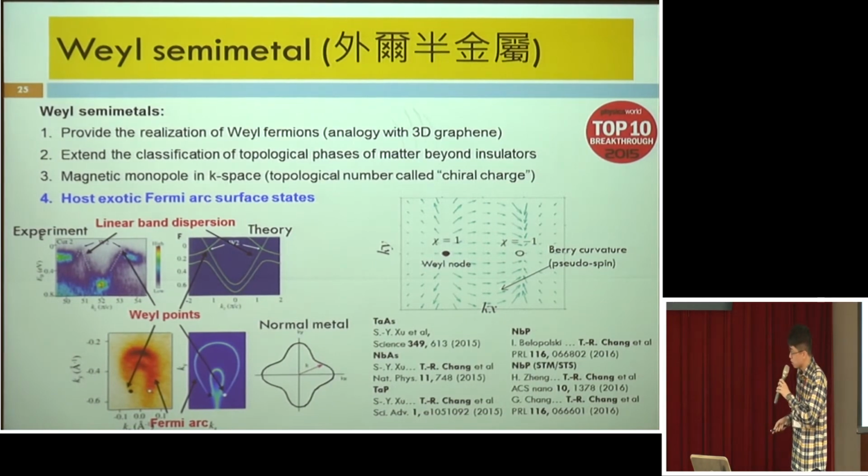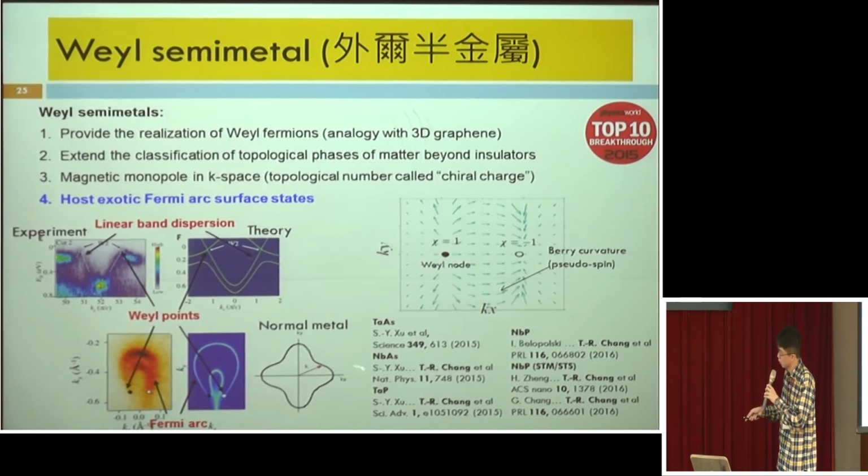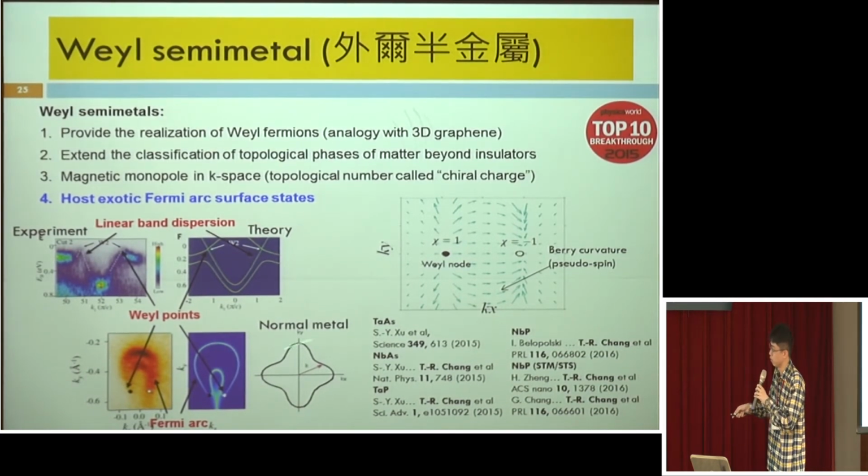And its surface state is a Fermi arc. We know the Fermi surface in a normal metal must be a closed 2-dimensional shell. But in a Weyl semimetal, its surface state is an open curve which connects 2 Weyl nodes.